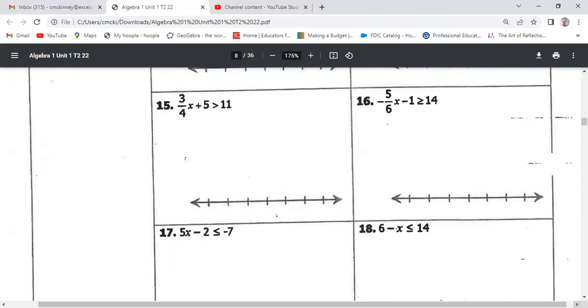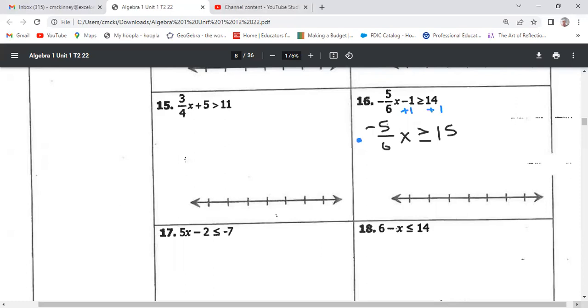So if I add 1 first, then I have -5 over 6x is greater than or equal to 15. Then I can use what's called the reciprocal. So remember way back in the day, when you divide by a fraction, you multiply by the reciprocal, which is like the flip-flop.